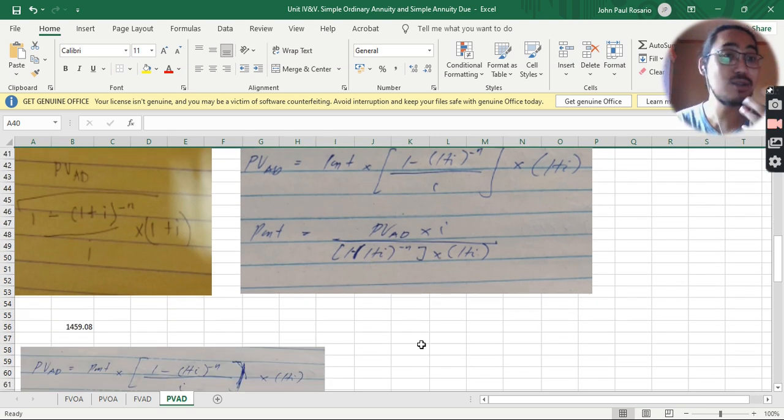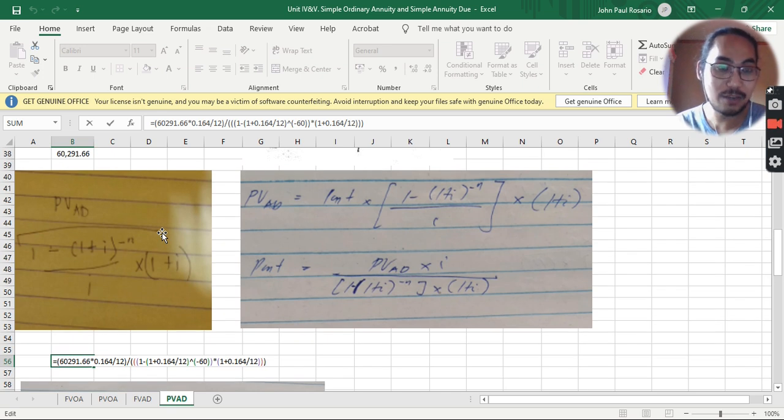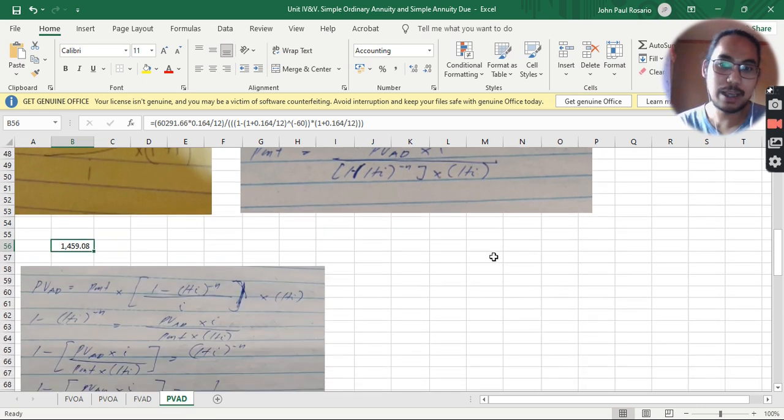So with this formula, now we can now solve for our payment, which is, so our PVAD, present value of annuity due here, is 60,291.66 times our I of 16.4% over 12 all over 1 less 1 plus I raised to the power of negative 60 times 1 plus I. So that should give us a payment of 1,459.08.